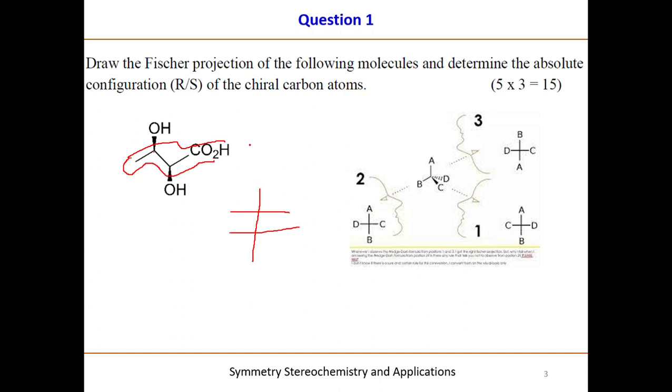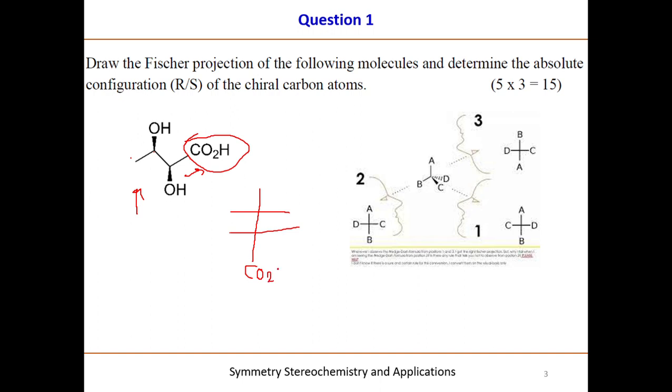Now we have to look at the molecule from one particular direction. So here we have to choose the direction. Suppose I am looking at the molecule from this direction. So this CO2H group is below the plane, going away from ourselves, right? So I will write this group here, because I am looking in that way.